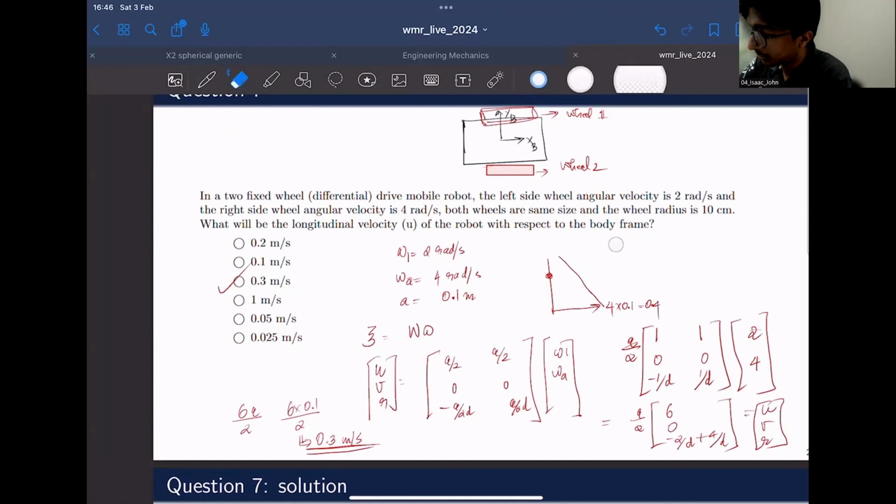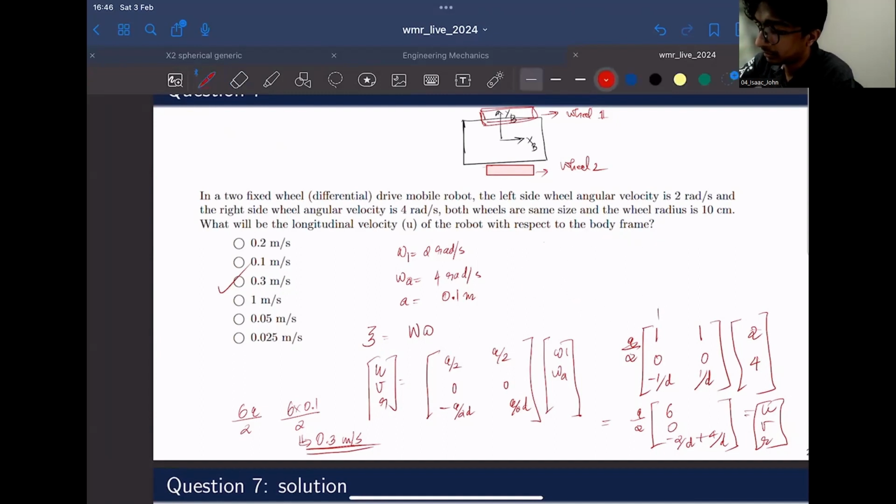Sorry, if you draw a vector diagram, something like this, this is the middle point, this is the left side, and this is the right side. This will be 2 times 0.1, and at this extreme end, this will be 4 times 0.1.